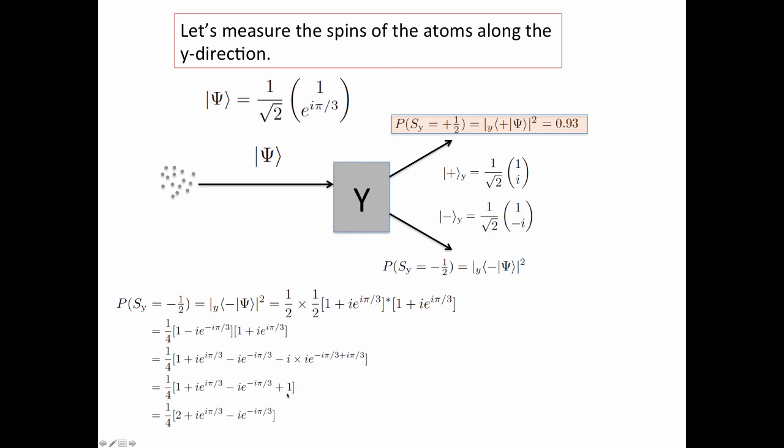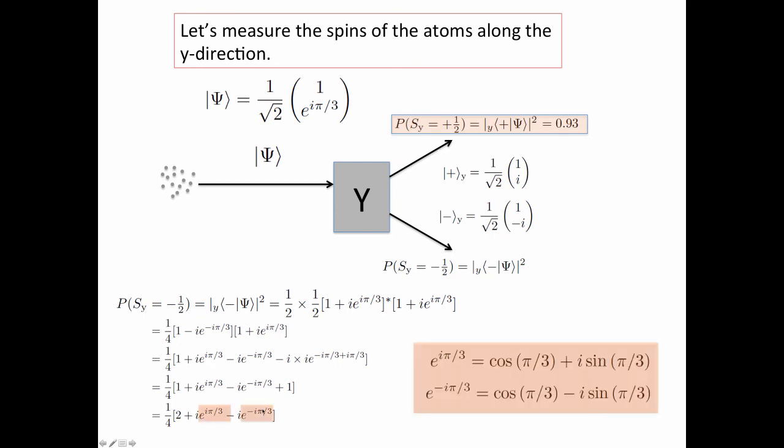So we end up with the result that the probability of spin down along the y direction is equal to 1 quarter into 2 plus i e to the i pi over 3 minus i e to the minus i pi over 3. Once again, we have to use Euler's identities here.